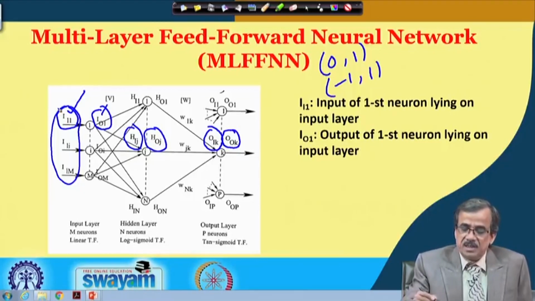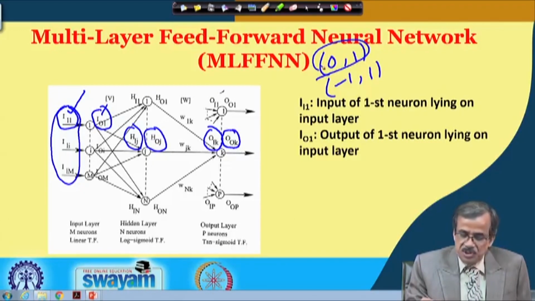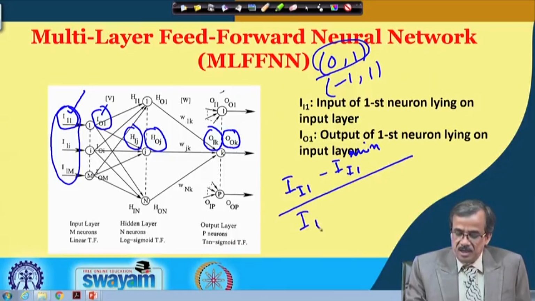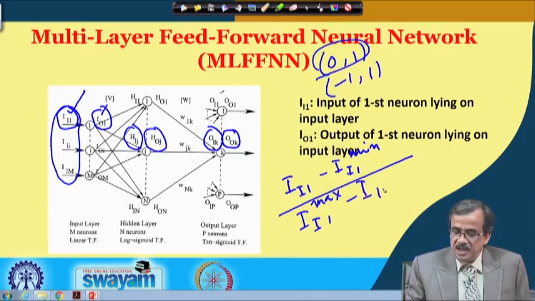Now, to represent it in the normalized scale, that is 0 to 1, the formula which we generally use is something like this: I1 minus I1 minimum, divided by I1 maximum minus I1 minimum.